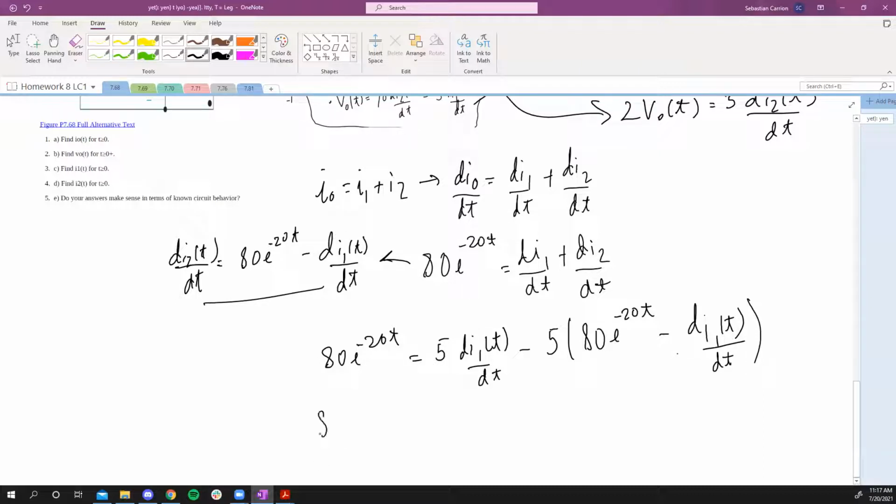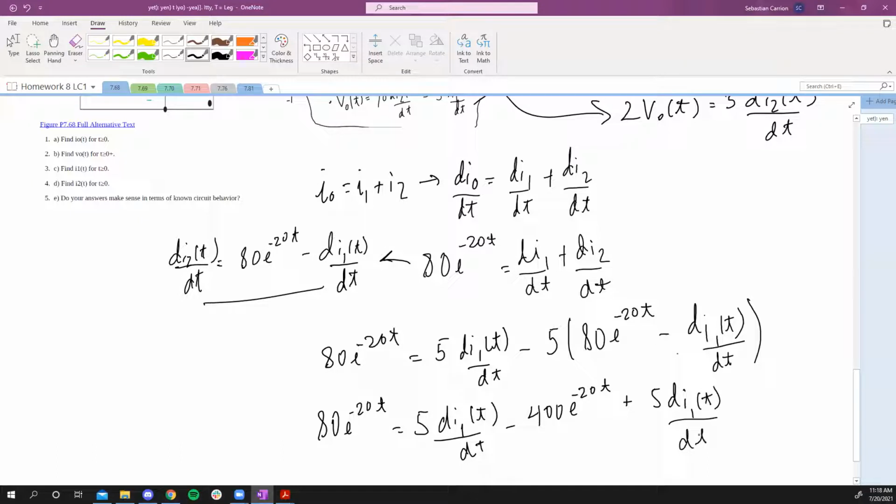It's going to be 80e to the negative 20t plus 5 di1(t)/dt minus 400e to the negative 20t plus 5 di1(t)/dt.